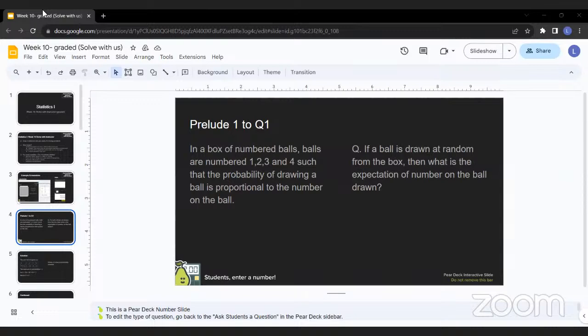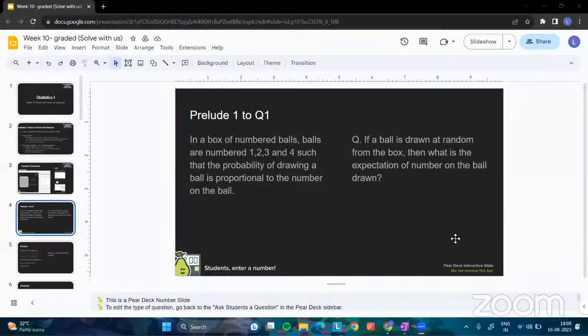The screen is not seen. Yeah, ma'am, we are not able to see. Can you see it now?